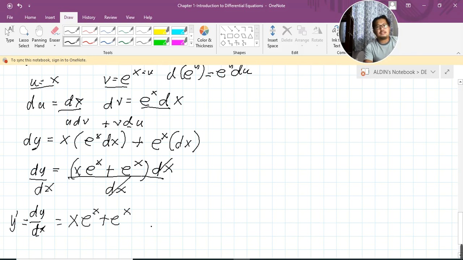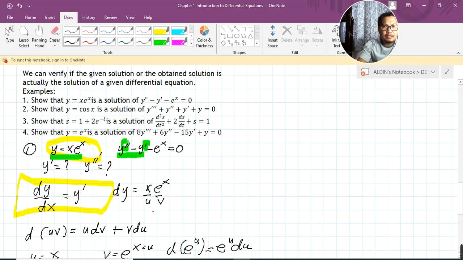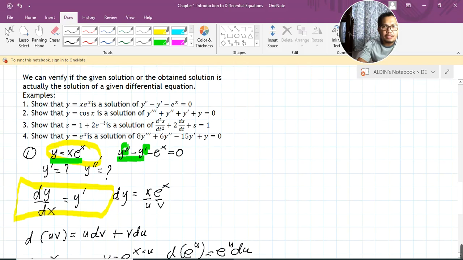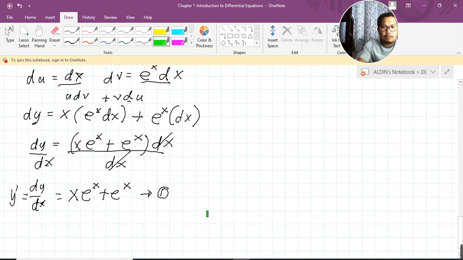Ito na yung first derivative mo. Naintindihan? So, ito yung magiging first equation mo na ipapalit dun sa differential equation mo. Dito sa first derivative, which is equals to x e raised to x plus e^x.